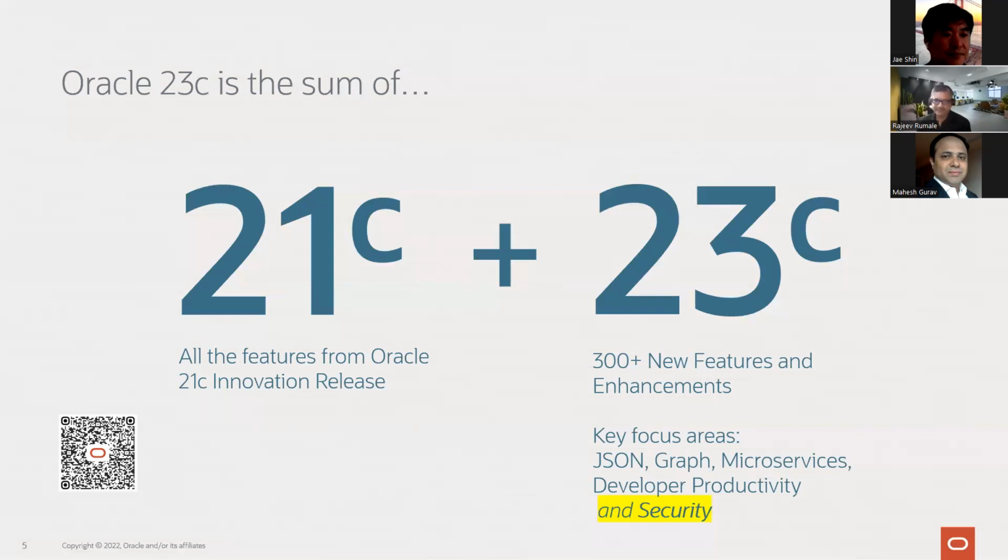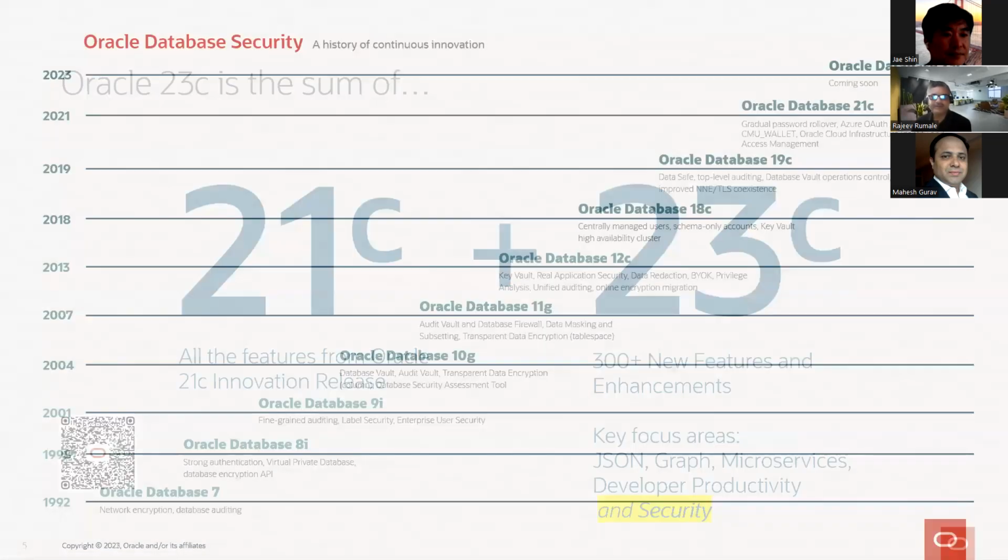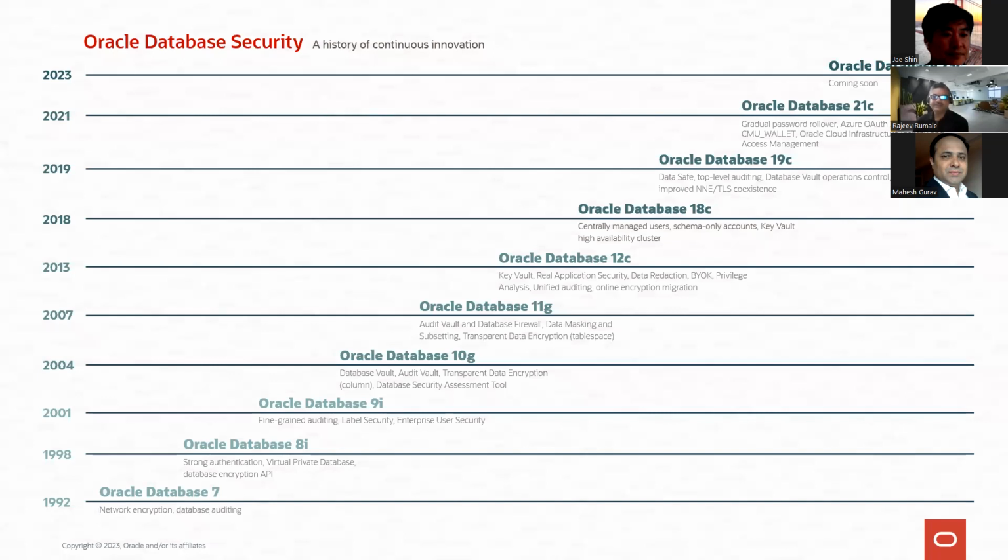And of course, security is also part of it. Beyond this, new features like vector search, graph, and Select AI or generative AI are also being included in 23C. So it's kind of a future-ready version we have now.